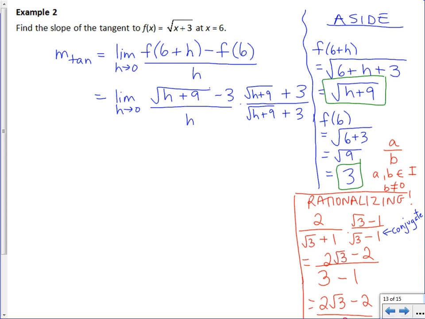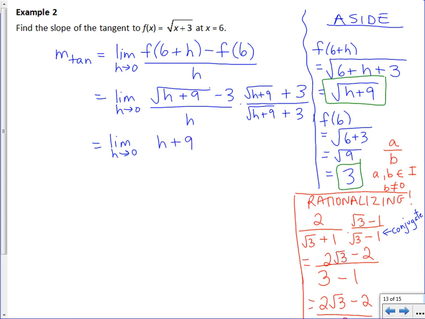Okay, so what happens when I multiply? This is where our algebra is beautiful here, guys. Root h plus 9 times root h plus 9 would become root h plus 9 squared, which would just become h plus 9. H has been freed.